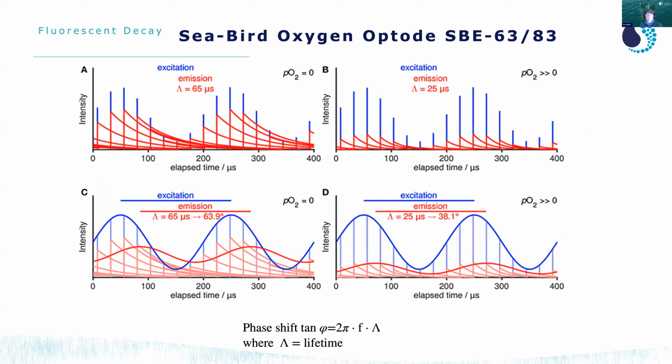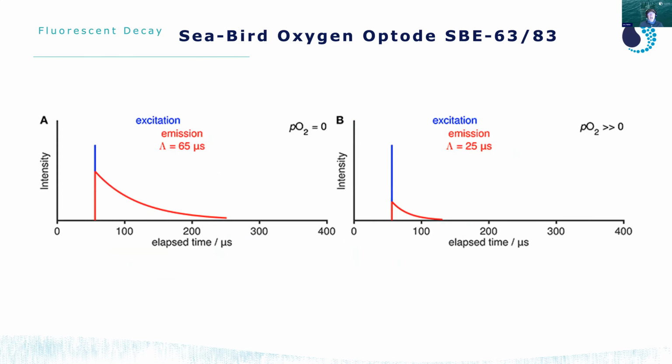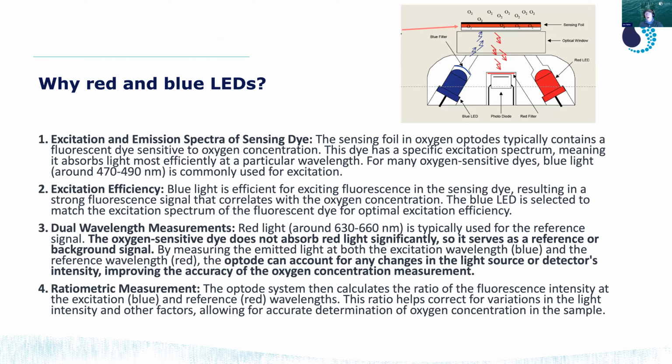If we go to the bottom right, D, and we increase the pressure of oxygen in the water, the phase shift is now less, it's 38 degrees, corresponding to a lifetime of 25 microseconds. And that lifetime is essentially directly proportional to that phase shift. So if we can measure the phase shift, we can measure the lifetime. Notice again, a very nice linear relationship. I've included a little slide here as to why the red sensor is there, but basically it's a reference sensor.